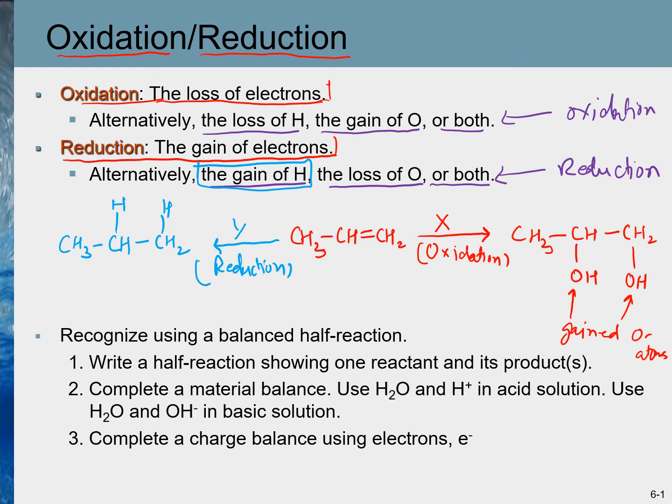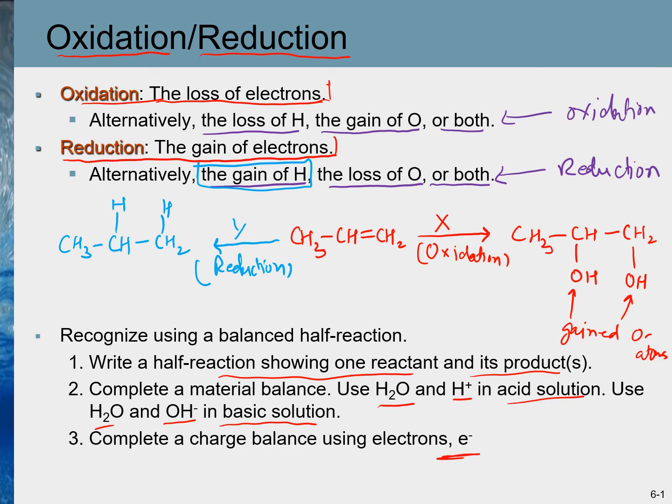Also remember that in order to balance redox equations, we use the half reaction method. In this, we write the half reaction showing one reactant and its product, and then we complete the material balance. We use water and H positive in acidic solution to balance the half reaction, and we use water and hydroxide ion in basic solution to balance the material, and then we balance the charge using electrons.